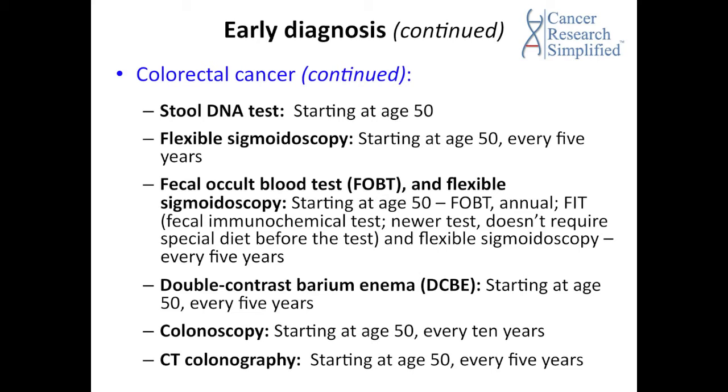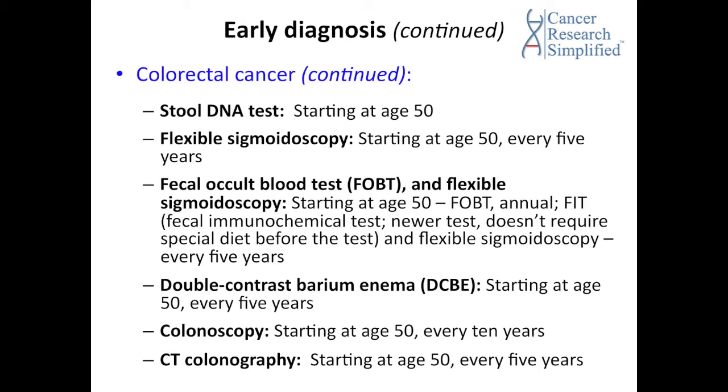The FIT test, which means fecal immunochemical test, is a newer test which does not require a specific diet before the test. FIT plus the flexible sigmoidoscopy is recommended starting from age 50 for every 5 years.